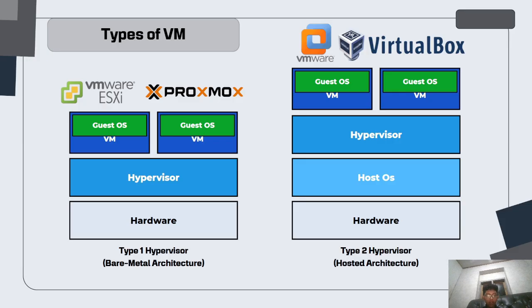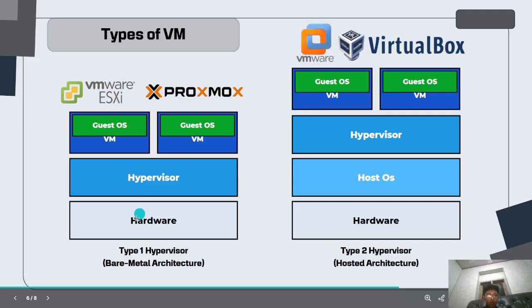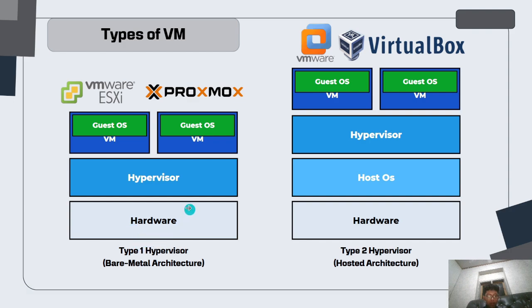And next is the types of virtual machine. There are two types, which are bare metal and hosted. For type 1, which is bare metal, after the hardware you can directly install the hypervisor, which is the application that we can use to make or run a virtual machine.